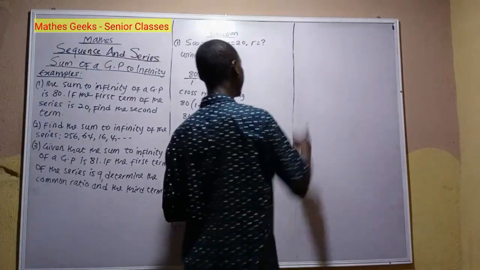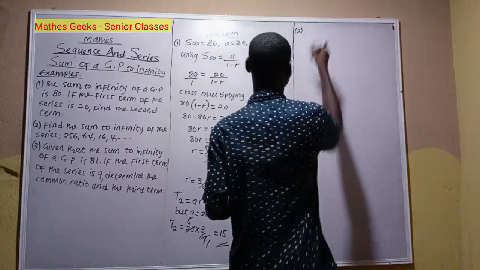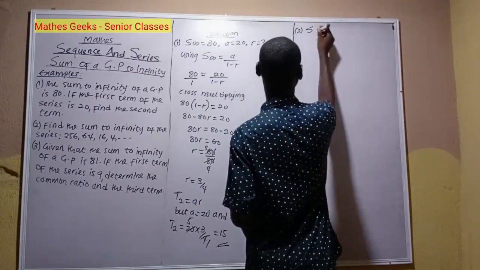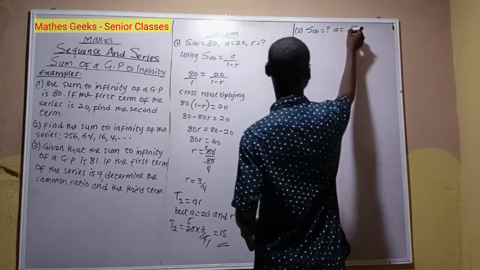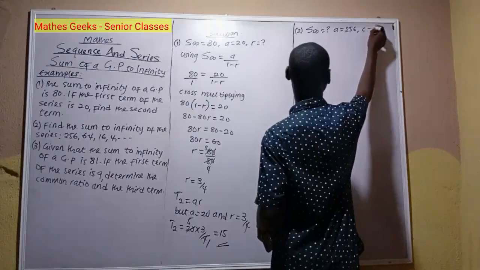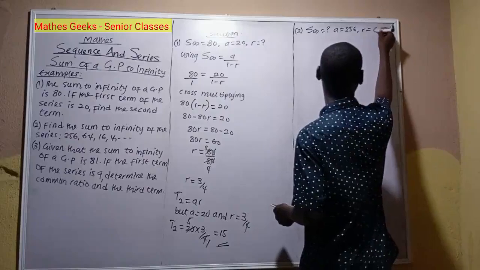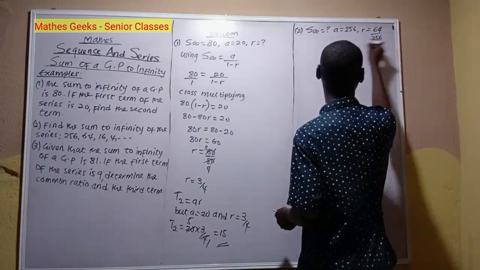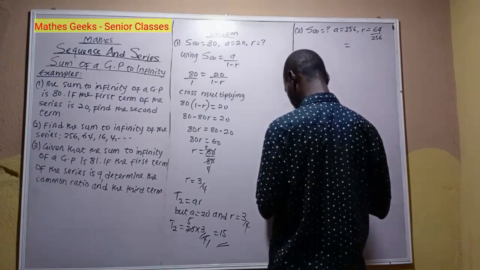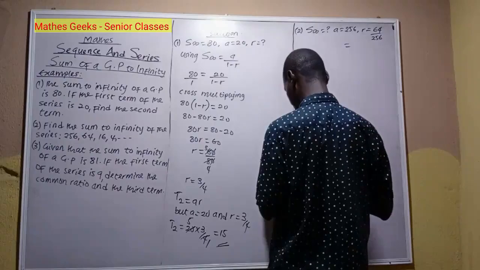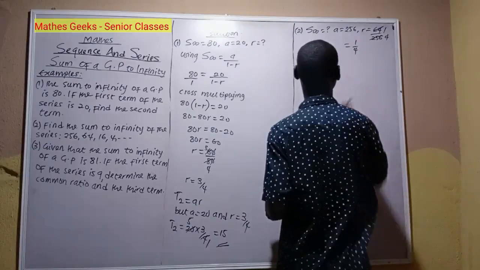Number 2. Find the sum to infinity of the series. So now A is equal to 256, and the common ratio is 64 over 256. 4 into 256 will give us 4, so the common ratio is 1 over 4.